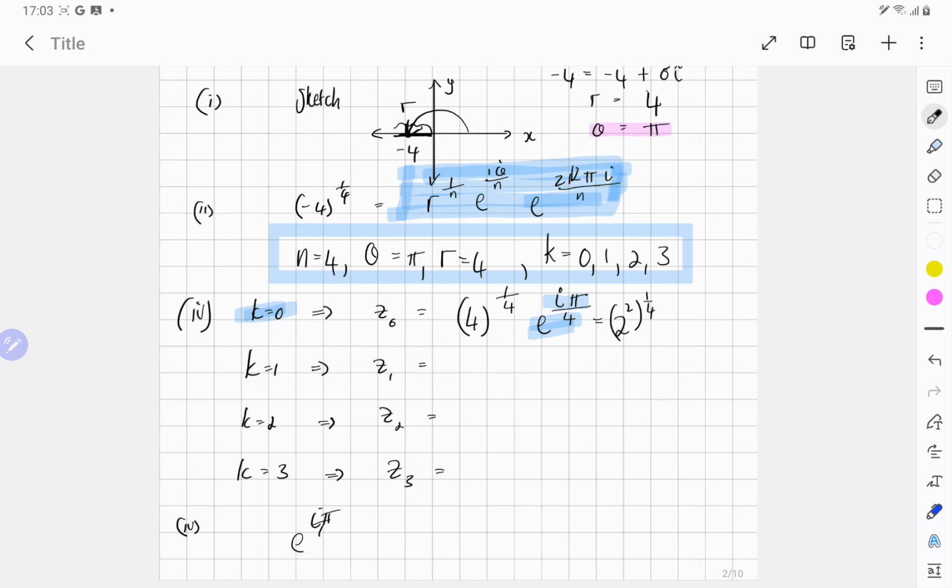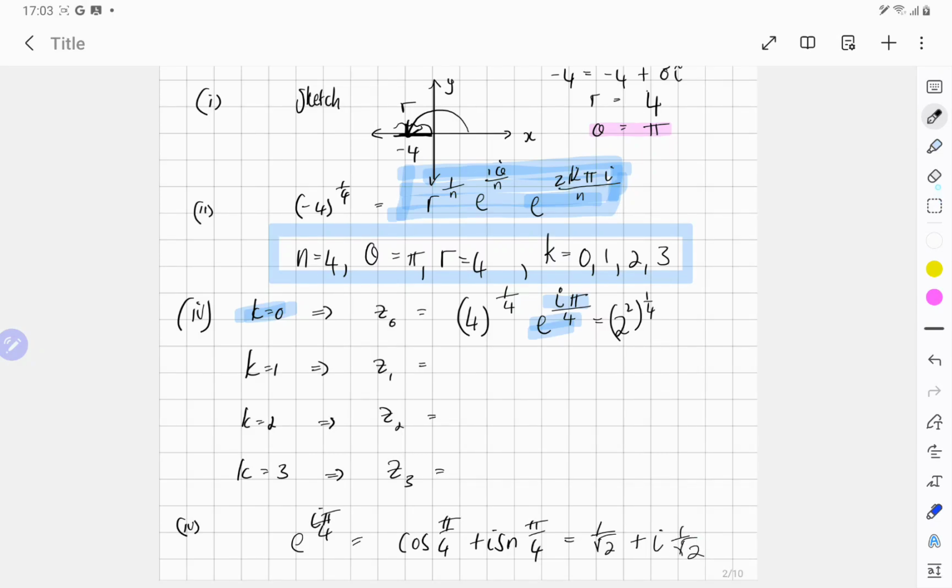e to the iπ over 4 is cos π/4 plus i sin π/4. But by now you all know your special angles. Cos of π/4 is 1 over root 2, and sine of π/4 is also 1 over root 2.